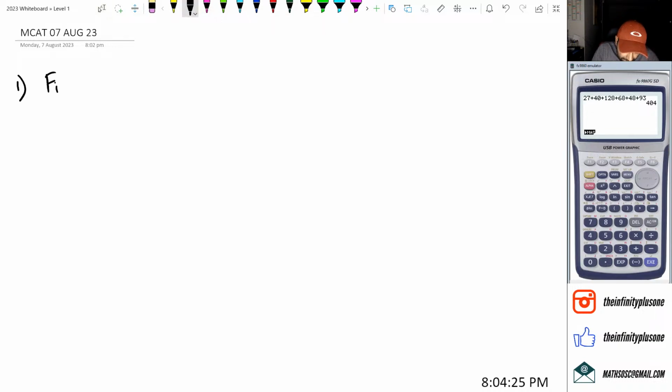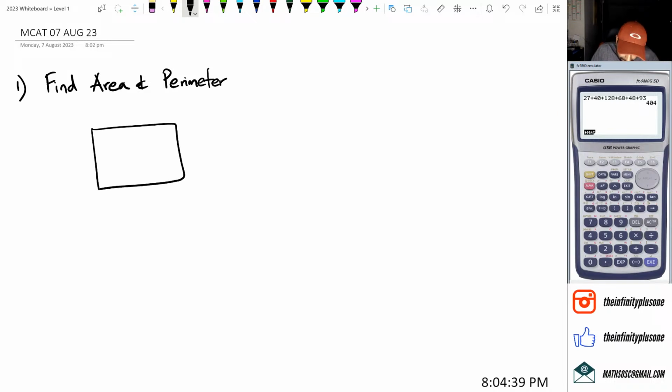I'm going to ask you guys to find area and perimeter. I'm going to have this shape here, which is a rectangle. What I'd like you to do is tell me what the area is going to be, and then tell me what the perimeter is going to be.